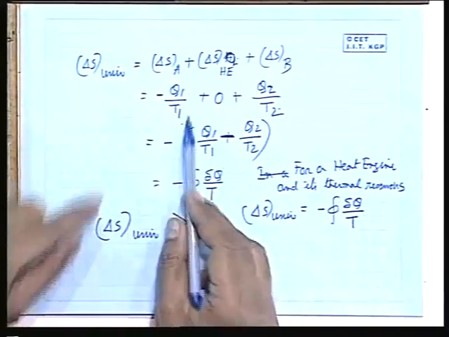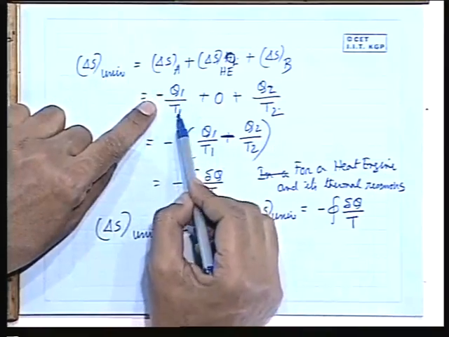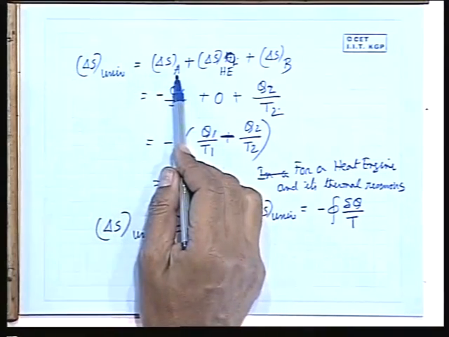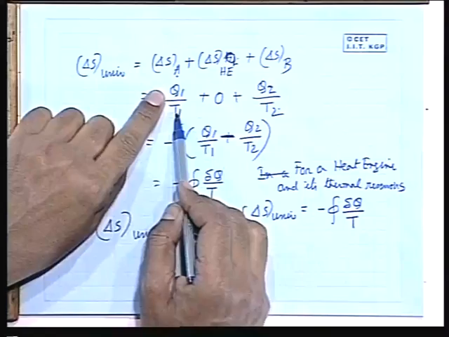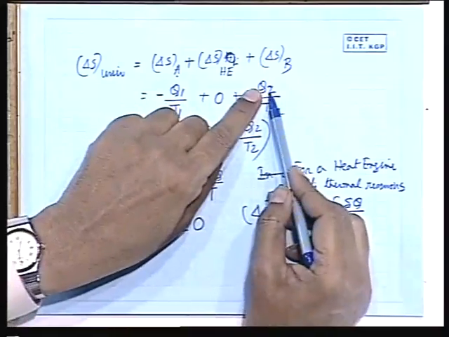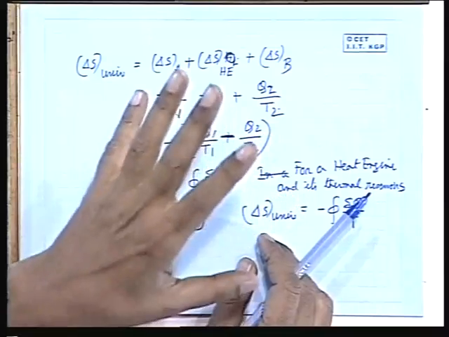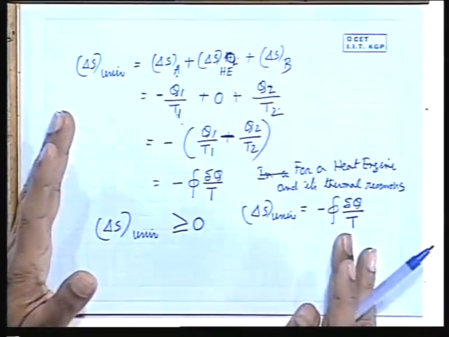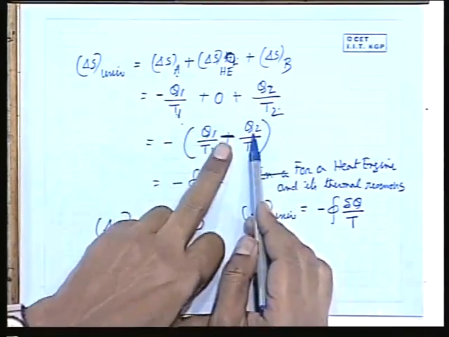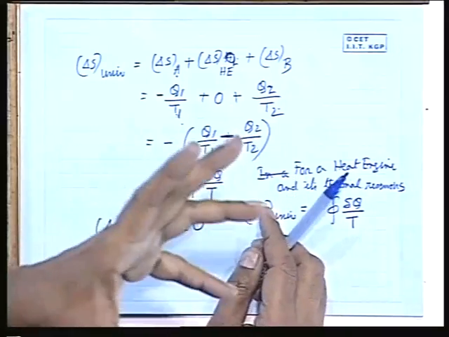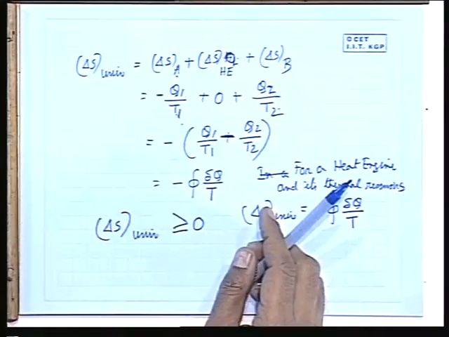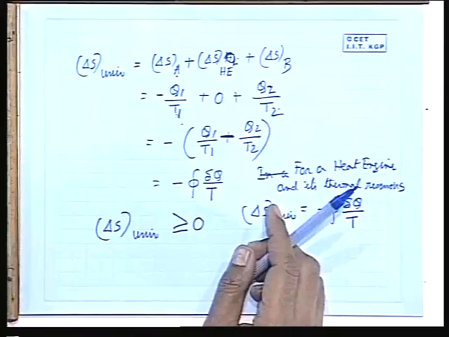When I tell minus Q1 by T1, it denotes the entropy change of the reservoir A, that is the source. When I tell plus Q1 by T1, it depends upon the Q by T quantity in the heating process of the working system in the engine. Similarly, when I tell plus Q2 by T2, it represents the change of entropy of the thermal reservoir at T2. But when I tell minus Q2 by T2, it represents the Q by T quantities during the heat rejection process of the system executing the heat engine cycle.